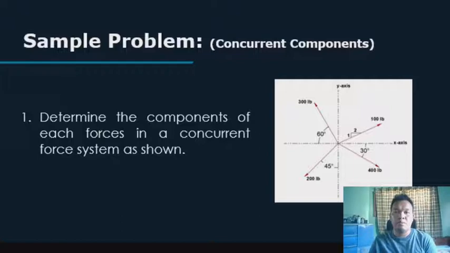Okay, so we have here problem number 1. Determine the components of each force in the concurrent force system as shown. Concurrent force, as I said earlier, is when the forces originate from a single point only. So, here we have 100 pounds, 400 pounds, 200 pounds, and 300 pounds, no?